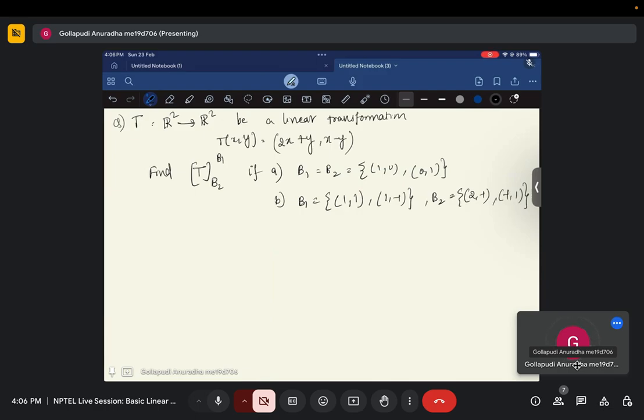Two questions with two different bases. The answer to the first one is 2, 1, 1 minus 1.